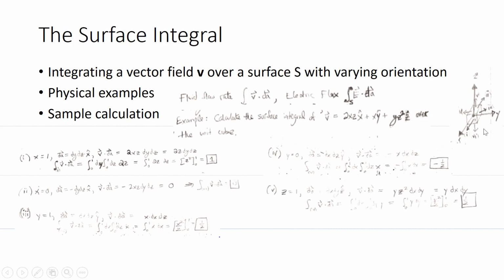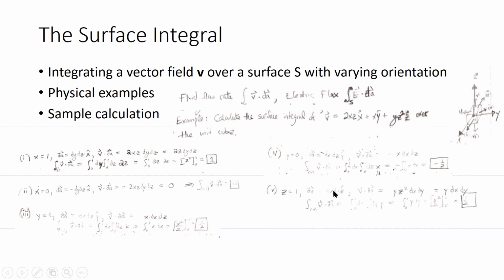Now let's look at the top surface, surface 5. There z is equal to 1, since we're on top of the unit cube. We have dA pointing in the z hat direction, upwards, dx dy z hat, and we have v dot dA equal to yz squared dx dy.